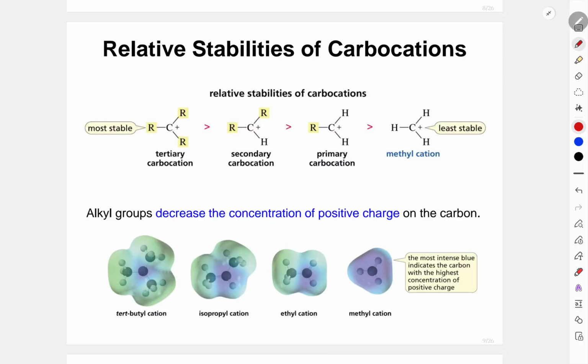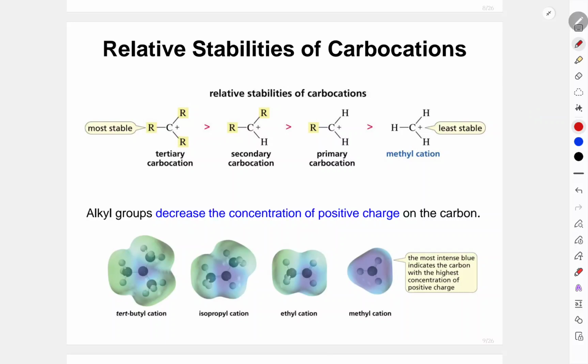This is the electrostatic potential map. If you take a look at the bottom side, from tert-butyl cation to secondary, primary, and methyl cation, you have more bluish color as you go from left to right. And you have the most intense blue, which indicates carbon with the highest positive charge character.